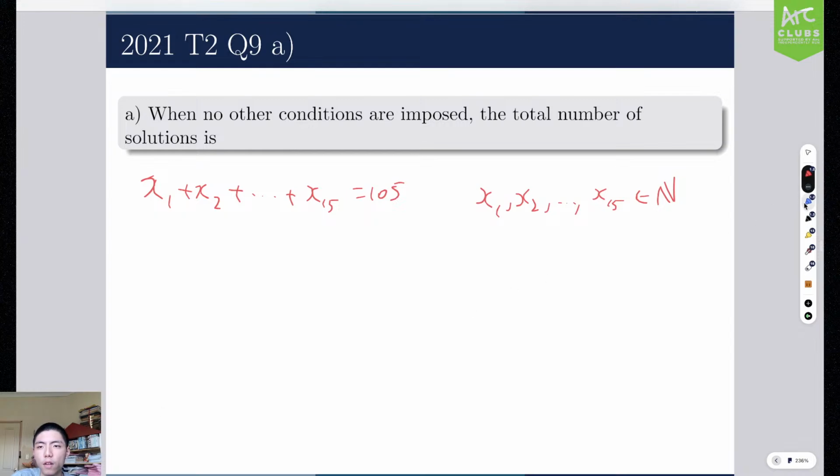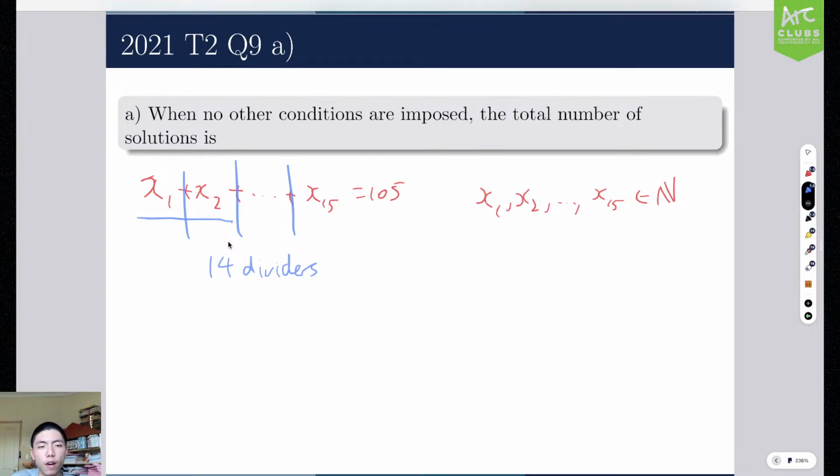If we have 15 terms, then to split the 15 terms separately into each other's parts, we will actually need 14 dividers in the middle. The reason why we need 14 dividers is because imagine if there were only 2 terms, then we would need 1 split. If there were 3, then we'd need 2 splits.